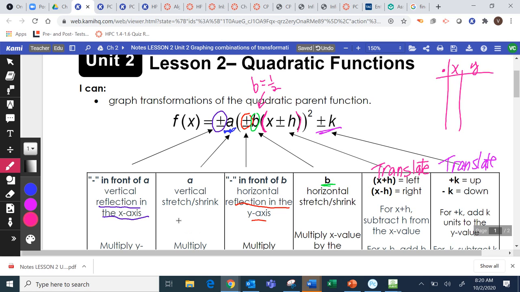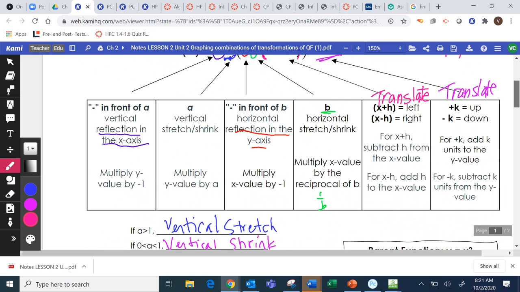So I'll multiply by 2, which makes numbers bigger. Anything horizontal is always opposite of what you think. If it's a smaller number on the inside, it's actually going to be a bigger number when it comes out. You're dividing by it, but instead of dividing by 1/2, I multiply by 2. That's why we just jump that step and say multiply by the reciprocal, because that's the opposite of dividing.